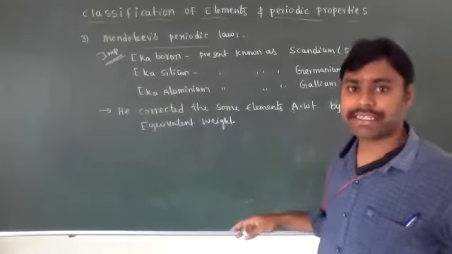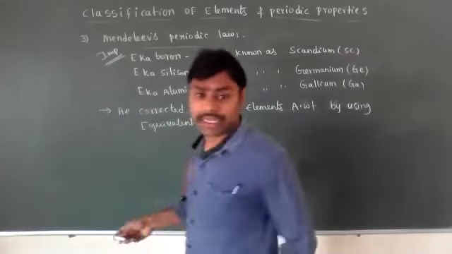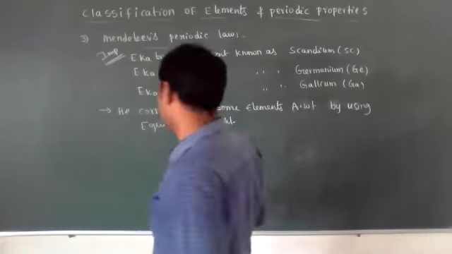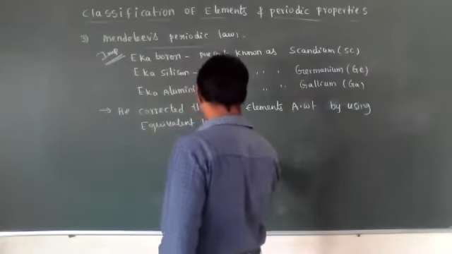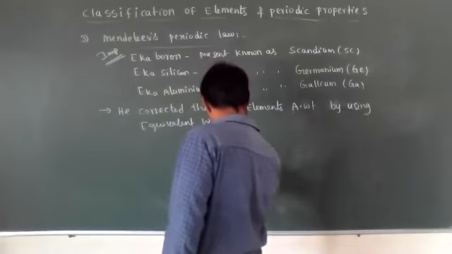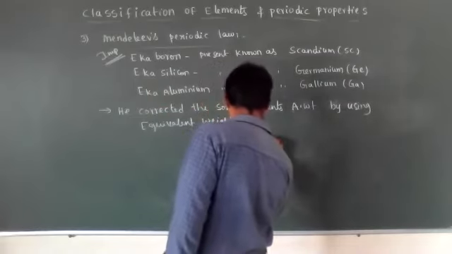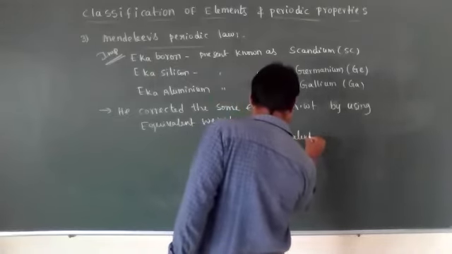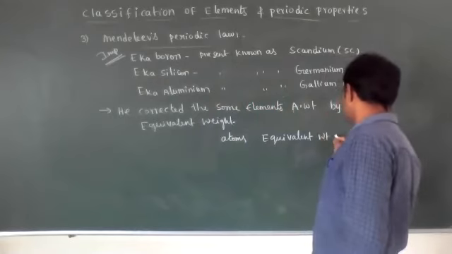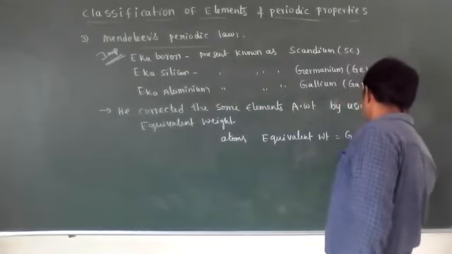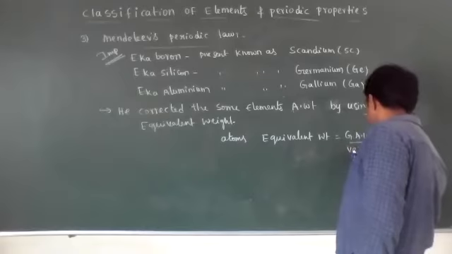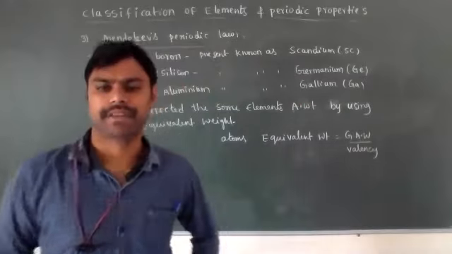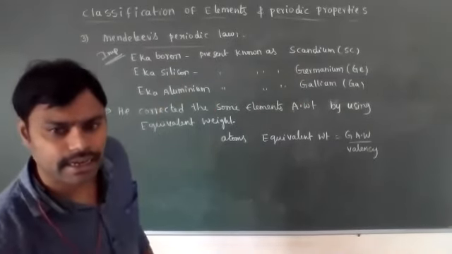You know that already from some basic concepts of chemistry, where we discussed equivalent weight for elements or atoms. Atom's equivalent weight is equal to gram atomic weight divided by valency. Here the n factor we are considering as valency.